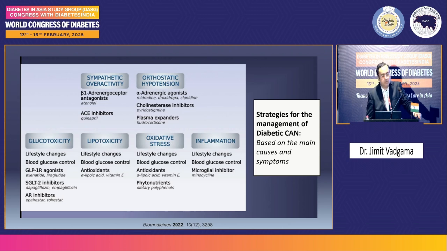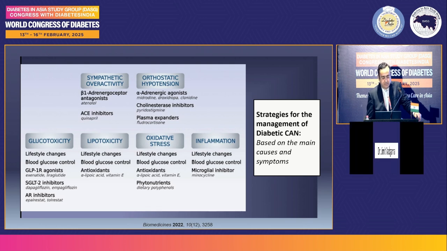For sympathetic overactivity, beta-1 anti-adrenergic receptor blockers, non-specific ones like propranolol, can be given. ACE inhibitors are also there, which sometimes, via another feedback mechanism, reduce the sympathetic flow. For orthostatic hypotension, we have alpha-adrenergic agonists, like midodrine and clonidine. Clonidine is commonly used in India but has some side effects.